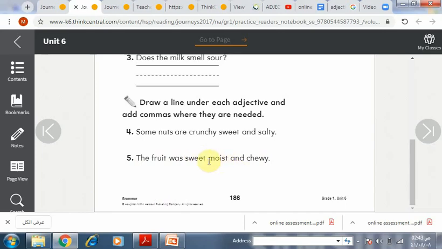Moist, that's the second adjective, and chewy. So underline sweet, moist, and chewy. And again, let's add the comma. Where shall I put the first comma? After sweet, the first comma, and after moist, and that's it. Two commas only. Sweet, comma, moist, comma, and chewy.